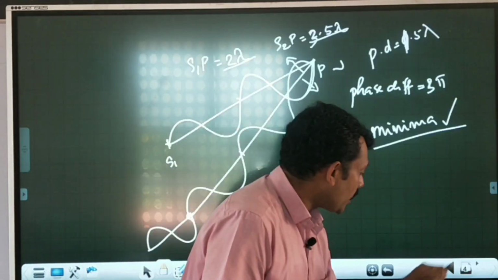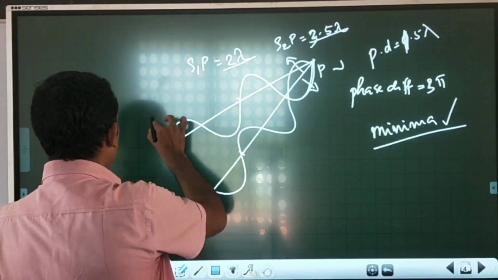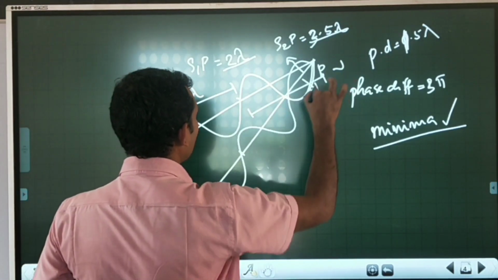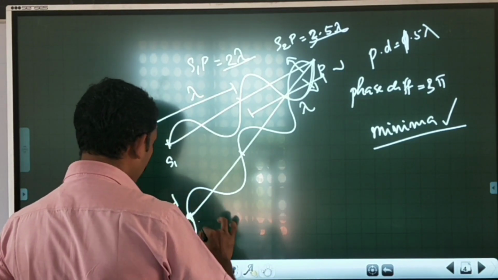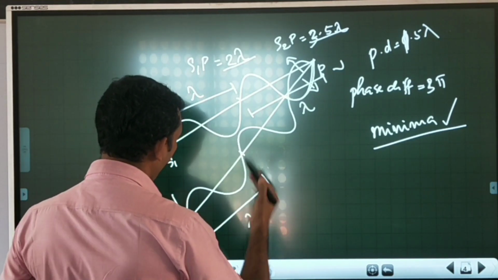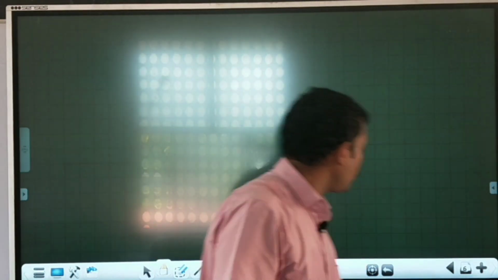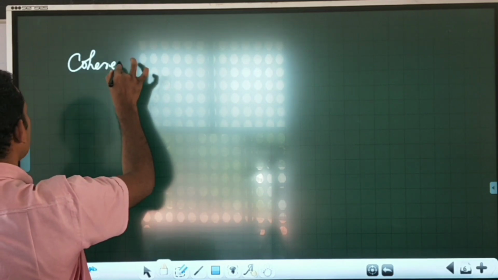Now one thing we got about coherent waves in all these discussions is that the waves that we are using must have the same wavelength lambda. So now we need to define what are called coherent waves. We have learned this in first year.